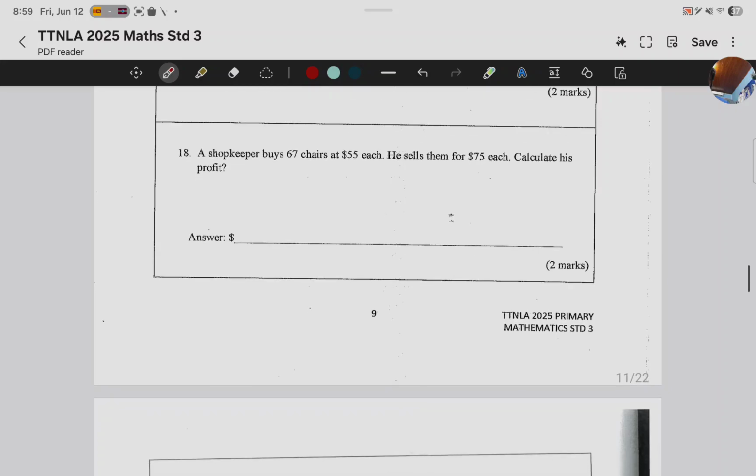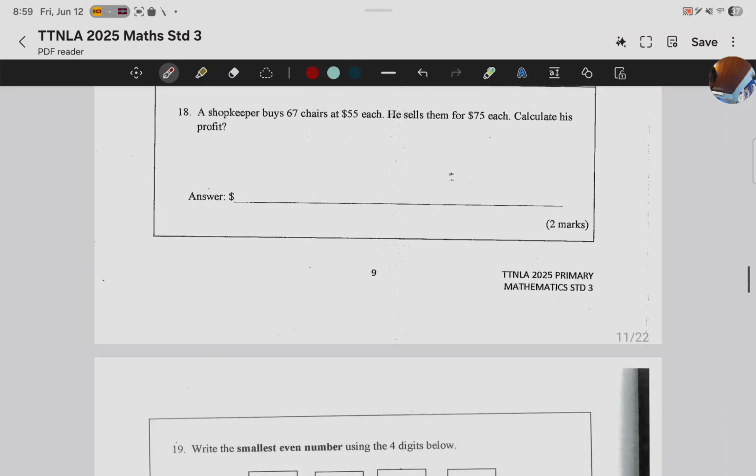Alright, a shopkeeper buys 67 chairs at $55 each. He sells them for $75 each. Calculate his profit. So we know the cost price of one chair is $55.